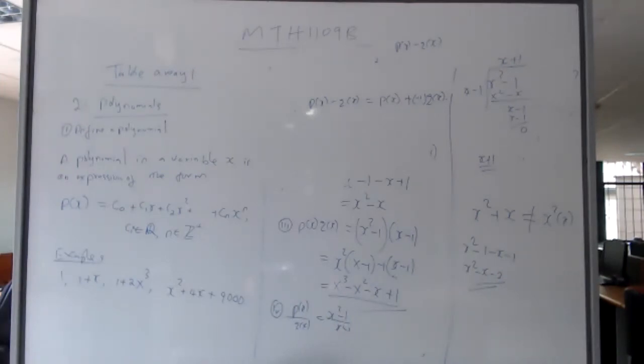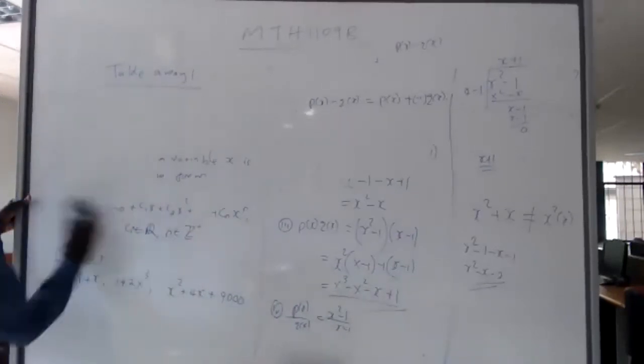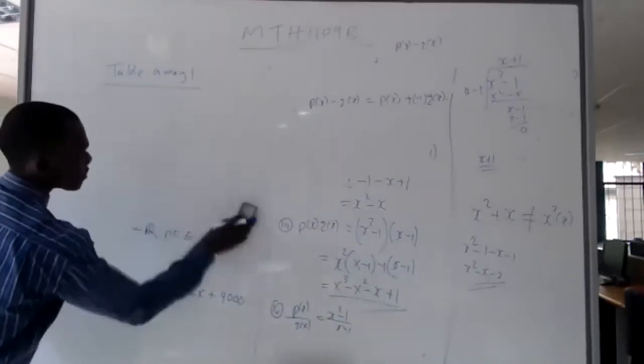Sir, could you please go through an example of problem 3? I didn't quite understand. What was problem 3? It was classifying the numbers as integers, rational, irrational.